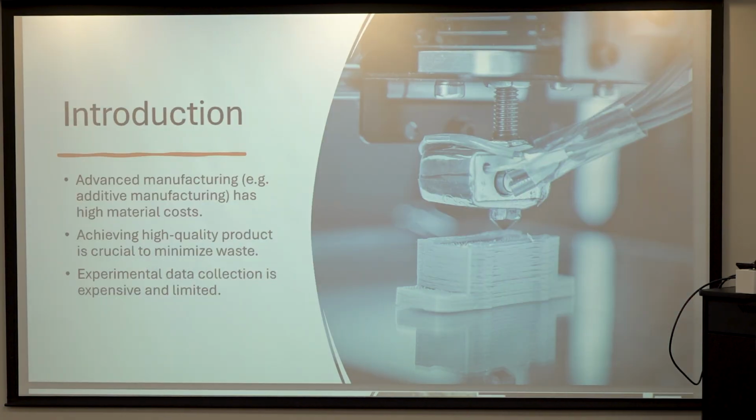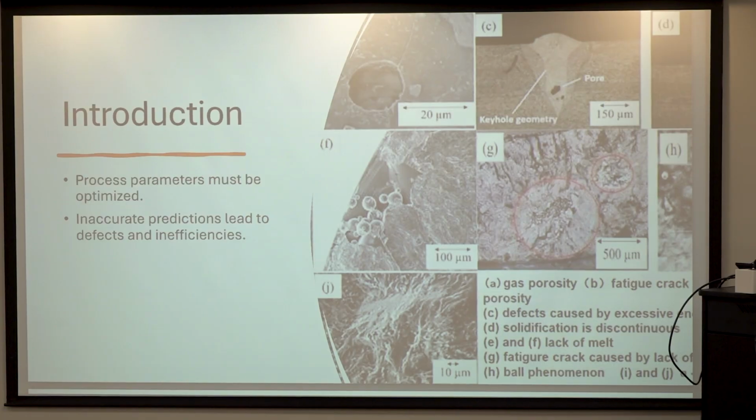Now, we know that advanced manufacturing, such as additive manufacturing, has high material cost. So it's actually crucial to achieve a high quality product at the first try. But experimental data collection here is expensive and limited. As a matter of fact, we want to predict the process parameters and optimize these parameters.